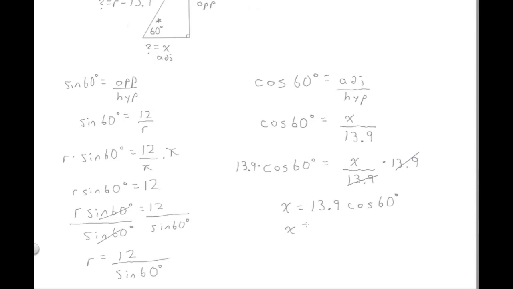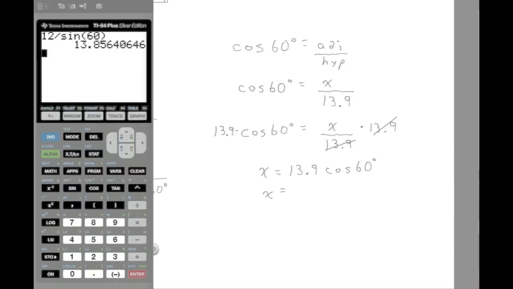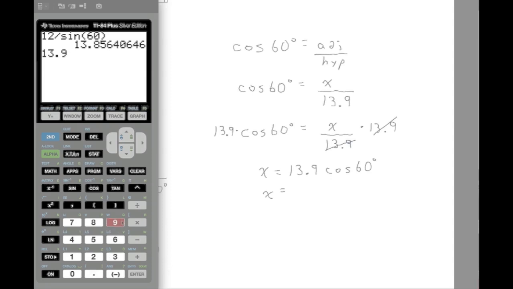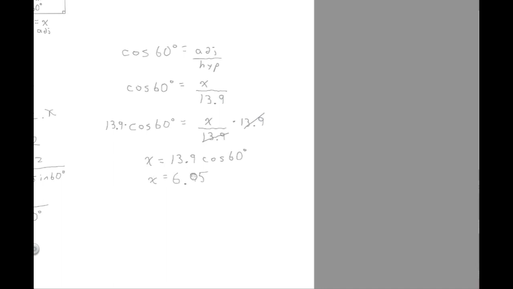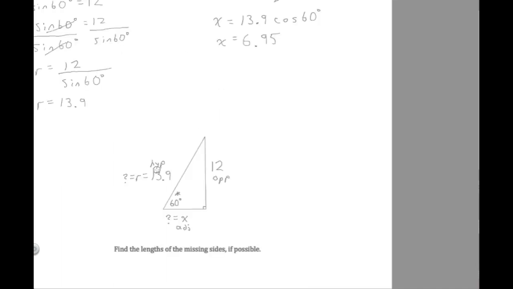Now we're ready to use our calculator. 13.9 cosine 60. I'll just leave that as 6.95. And again, it would be a good idea to build this result back into our sketch. Here's our 6.95 result.